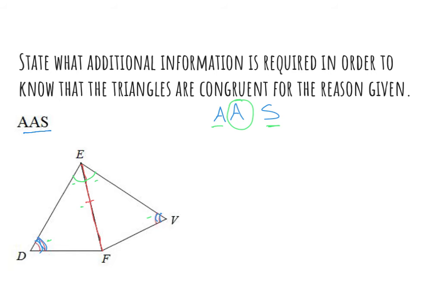Because it would be the same letter, that would be a little confusing, so I'm going to use three letters to represent this angle E here. So angle DEF for this first angle right here, and then angle VEF, because E is a vertex, to represent those two.